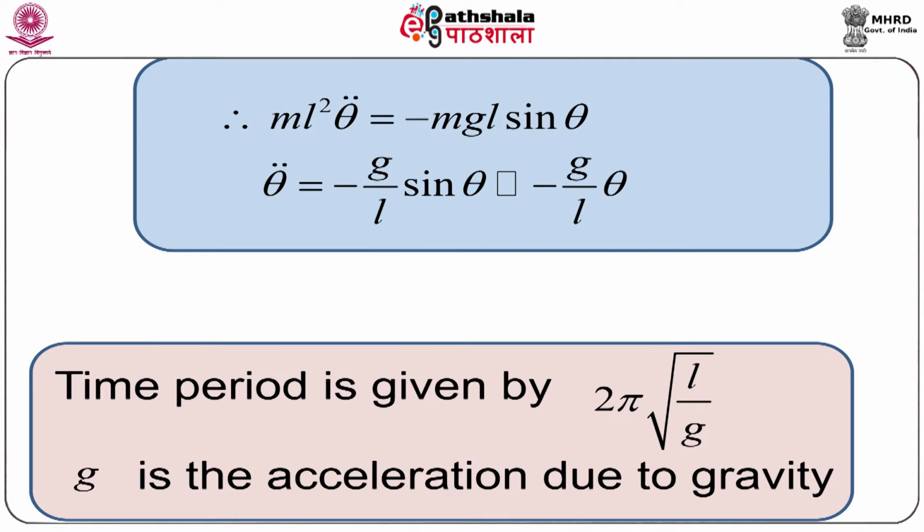When the angular displacement theta is very small, then sin theta is nearly equal to theta. So, we get theta double dot nearly equal to minus g divided by L into theta. One can find the time period, which is given by 2 pi root over L divided by g. g is the acceleration due to gravity.